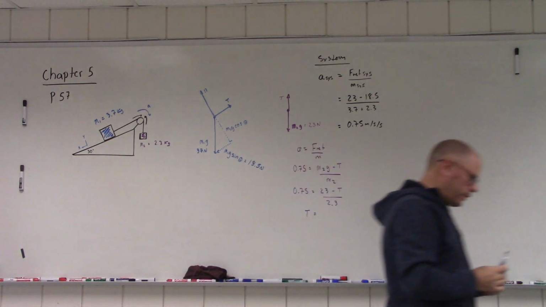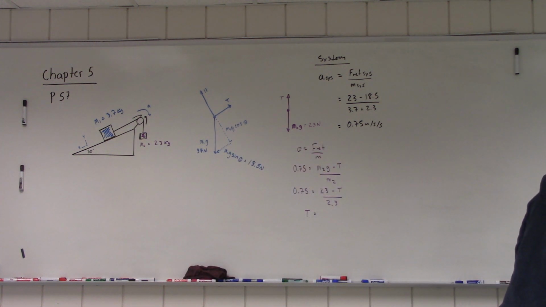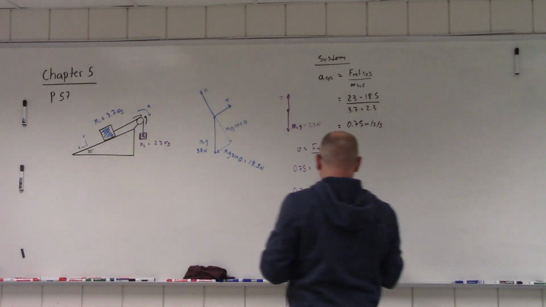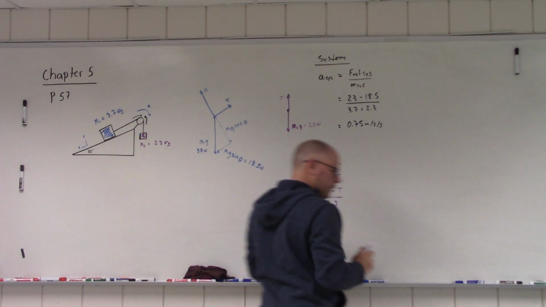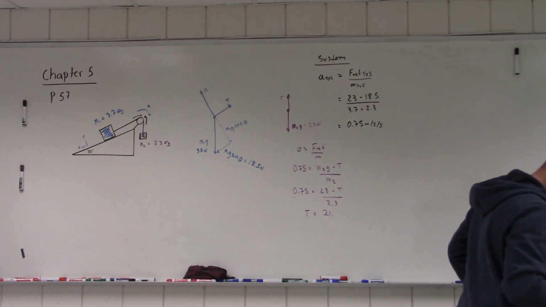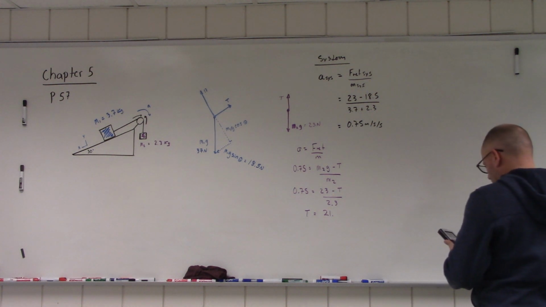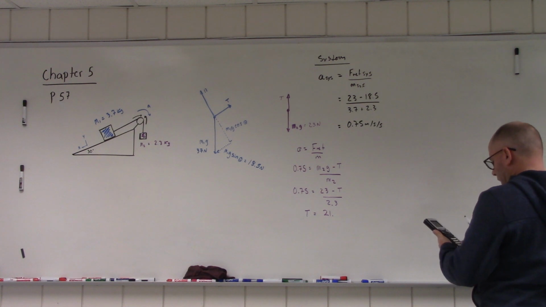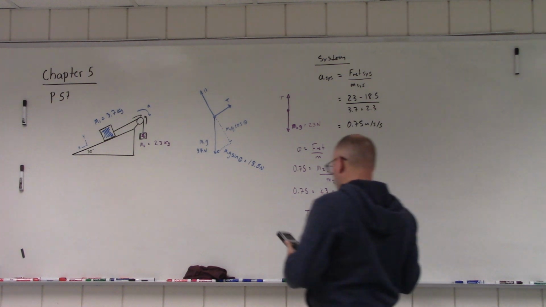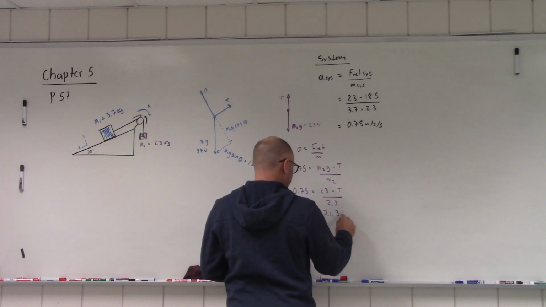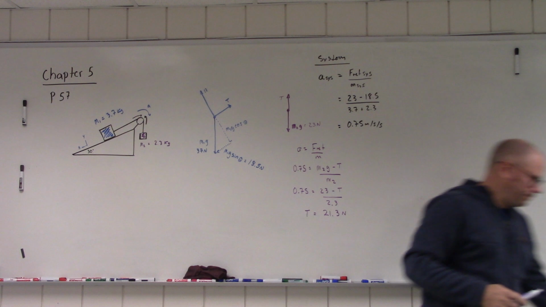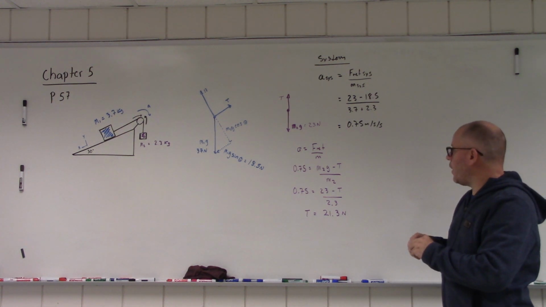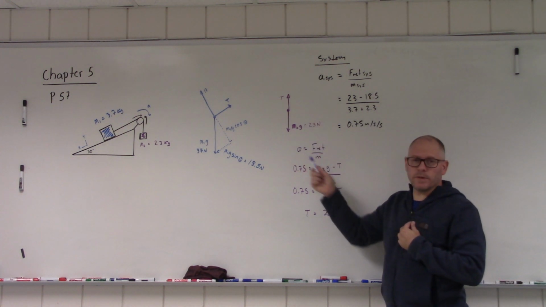And the tension there is equal to 21 point, what did I write? 0.75 times 2.3. Basically, it's 21.3 newtons, which is cool. And we know that it has to be less than the 23 because this one's accelerating down.